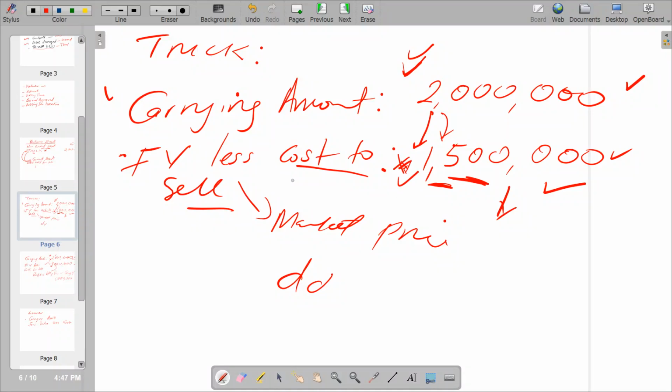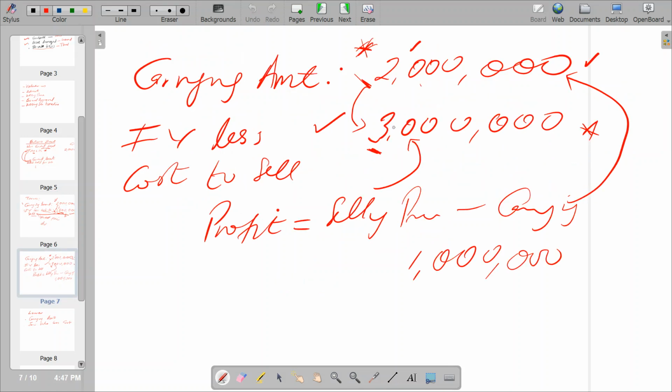So after determining the value of the non-current asset held for sale, you still have to calculate the impairment loss. But in our second example, we don't need to calculate any impairment loss because the fair value is even more than the carrying amount.